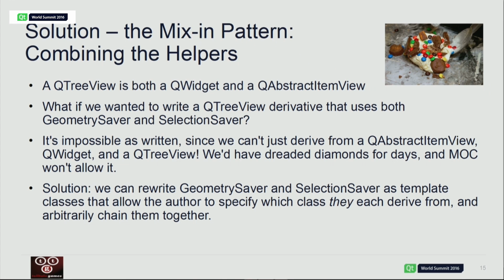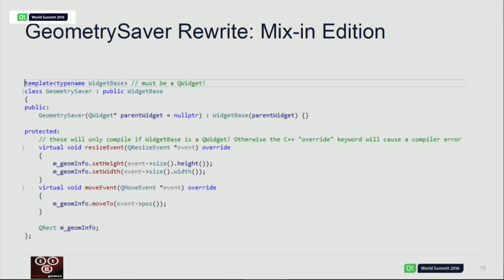I think it's most easily seen in an example, so we'll go here. So let's say we've got the GeometrySaver. Here's our rewrite if we're making it a mix-in. Instead of deriving from QWidget, we now derive from widget base, which is a templated parameter. Otherwise, it's doing exactly what the last one did, including declaring resize events and move events as overrides.